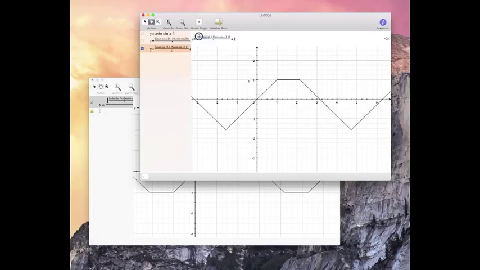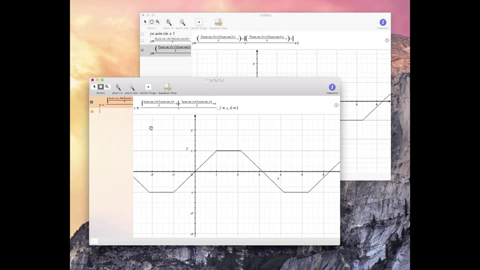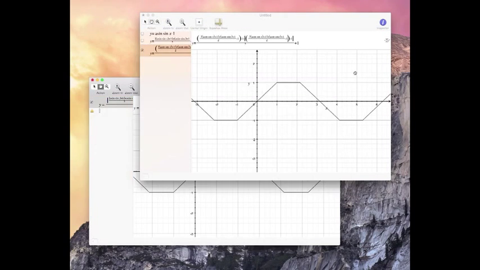So we substitute a sine of x for that function, and again here we substitute a sine of x for that function. So what do we get? We get this graph, and that is how you get the general shape of this.